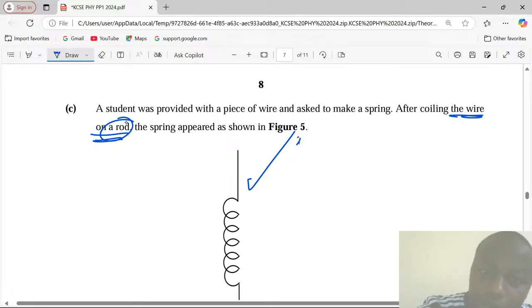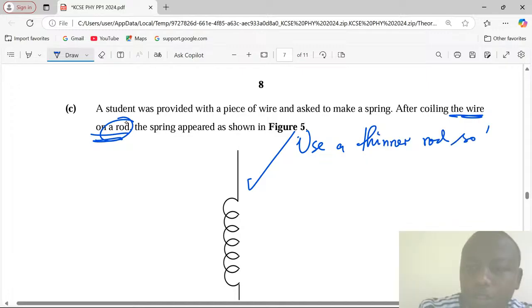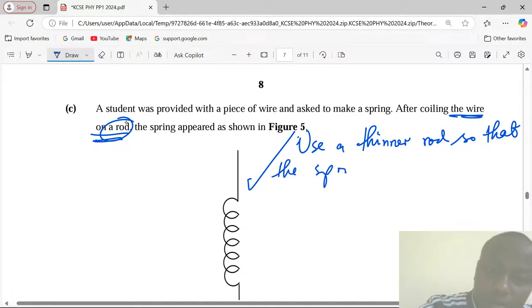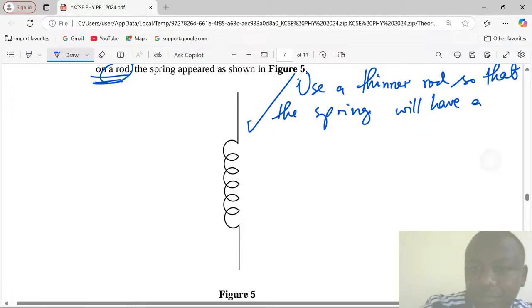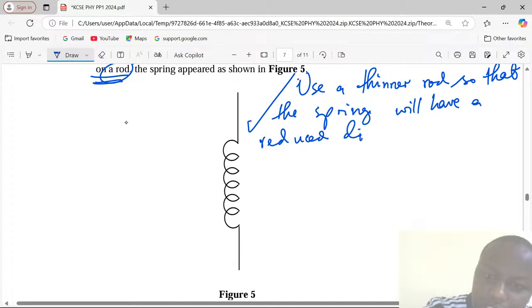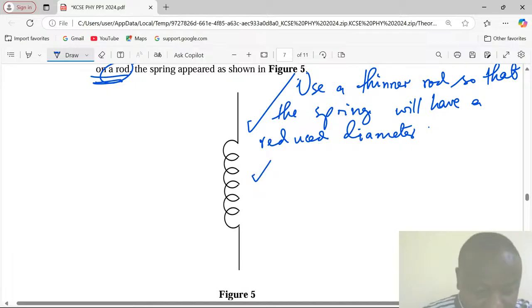Therefore, use a thinner rod so that the spring will have a smaller diameter. Yeah, a reduced diameter, that is. There are many things that we can do.